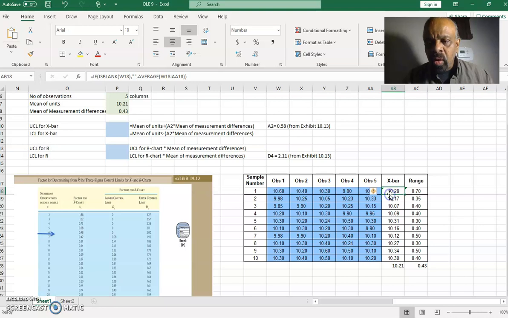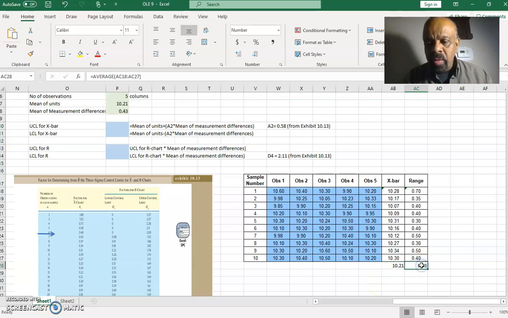So I calculate all the X averages, I calculate all the ranges, and then this is the average of all the X's, and this is the average of the range. So this is going to be my X bar.